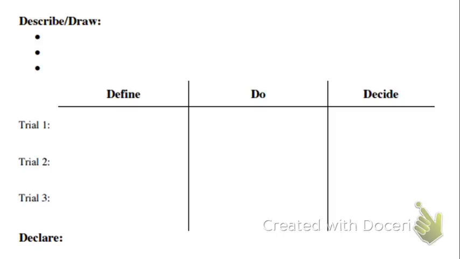So let's start with describing. First, we know that Mai has 1 box and she was given 3 more.